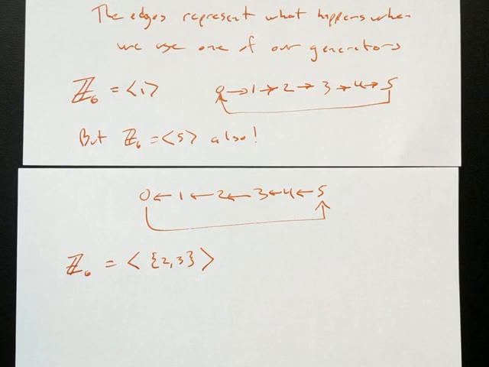But here's the deal. I'm going to need 2 kinds of arrows. I'm going to need an arrow for 2 and an arrow for 3. Because they do different things to my elements, don't they?